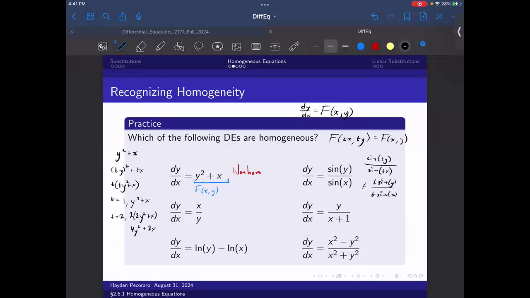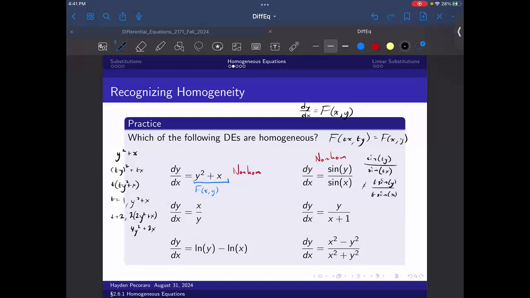But because the t's are stuck inside of that sine function, they don't. And it's not homogeneous. So, no. This one is also non-homogeneous. What about the third one?